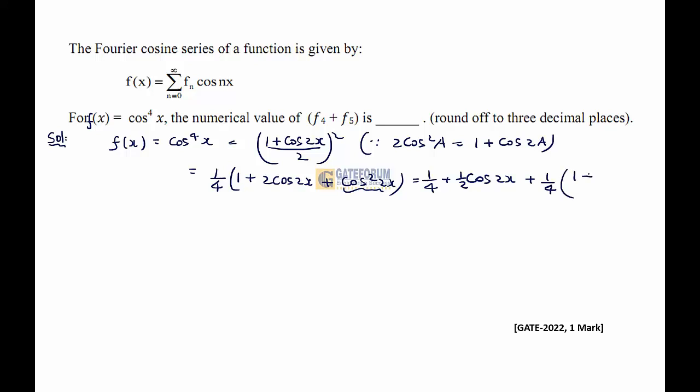I can write again 1 plus cos 4x whole divided by 2. So here you will be getting 1 by 4 plus 1 by 8, plus 1 by 2 cos 2x, plus 1 by 8 cos 4x.